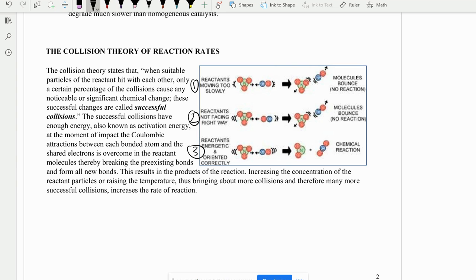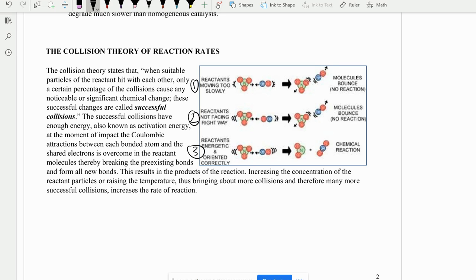Now, the collision theory states that when suitable particles of the reactant hit each other, only a certain percentage of those collisions are actually going to cause any noticeable or significant chemical change. In other words, when you take reactants and put them together, it actually takes quite a bit for a chemical reaction to occur.